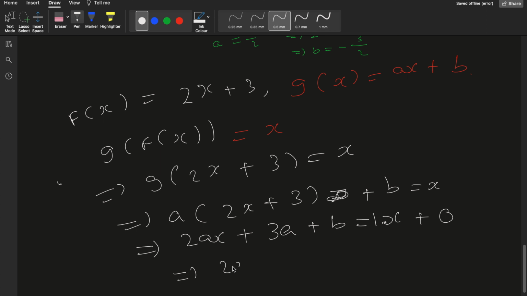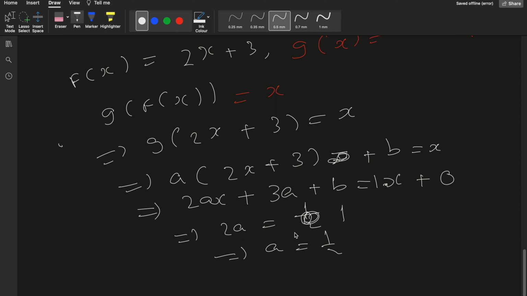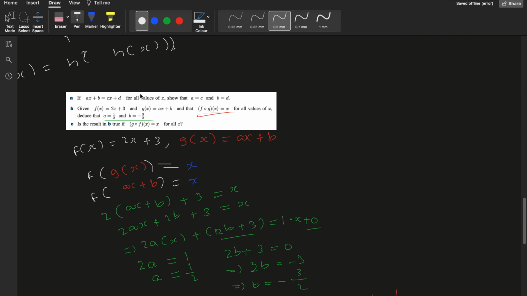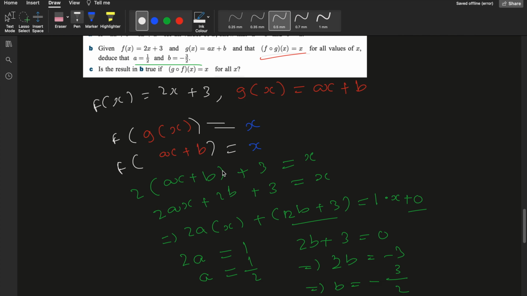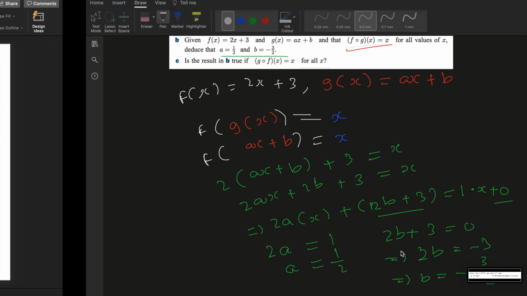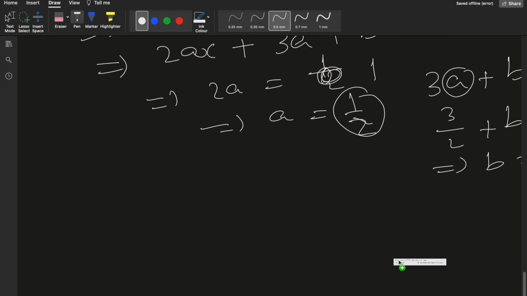So implies that 2a equals 1, so a equals 1 by 2, and 3a plus b equals 0. We can substitute this value here. It would be 3 divided by 2 plus b equals 0, so b equals minus 3 by 2. We got the same answers, so it is true for all x. Let's solve the next problem.